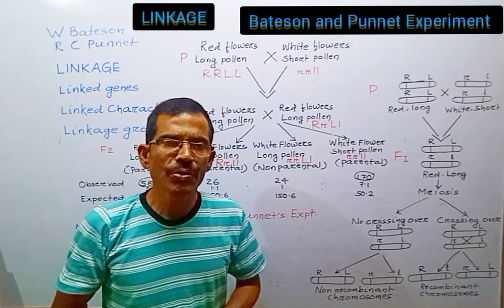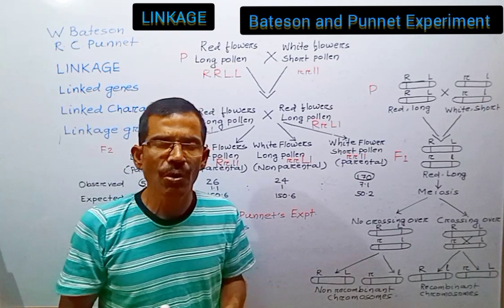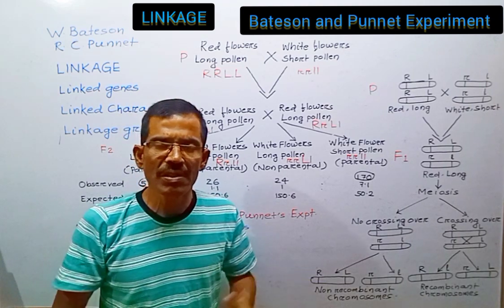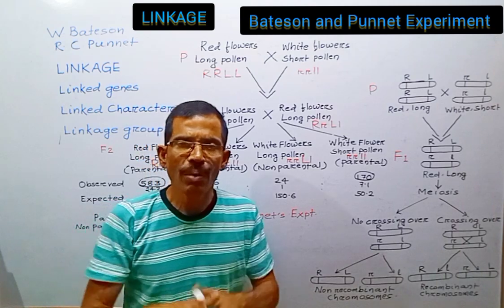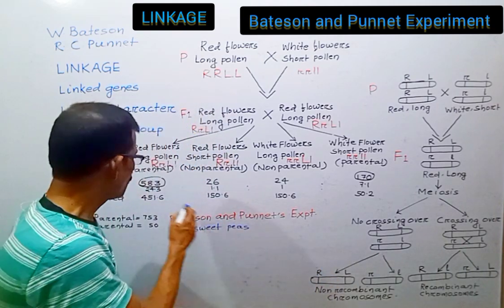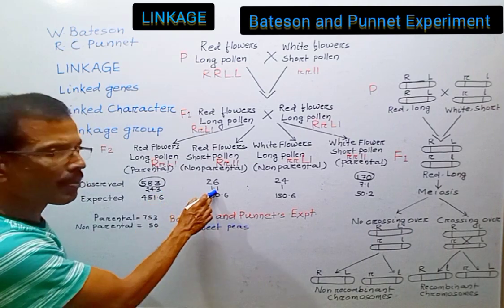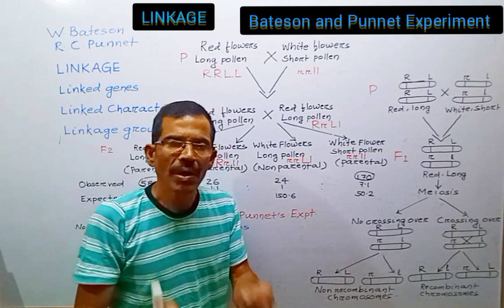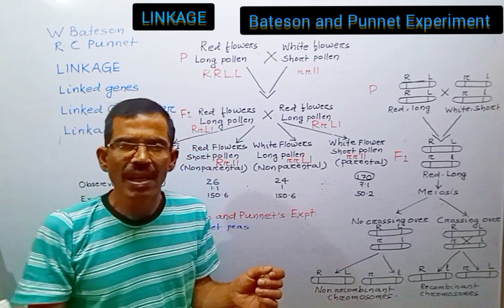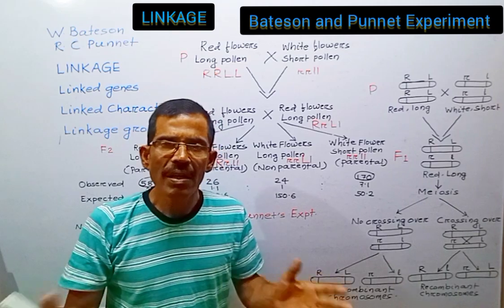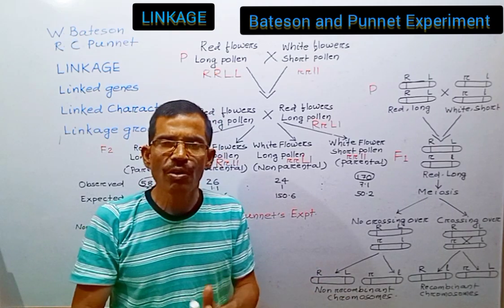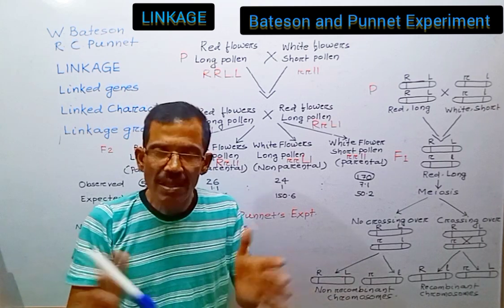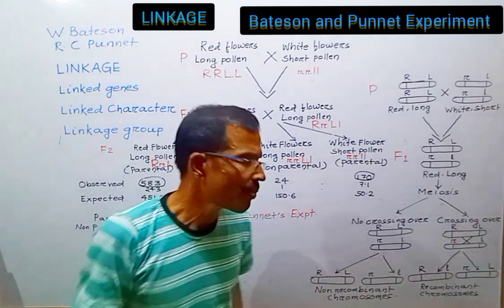Instead of the 9:3:3:1 ratio, which is expected for 2 independently assorting genes, Bateson and Punnett obtained a ratio of 24.3:1.1:1:7.1. Among 803 F2 plants that were examined, the parental classes were significantly overrepresented, whereas non-parental classes were significantly underrepresented.